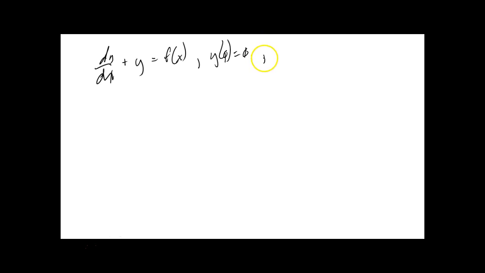But in this case, f of x, you didn't like it when it was an x, well, you may like it better now. f of x is equal to 1 anytime 0 is less than or equal to x is less than or equal to 1.